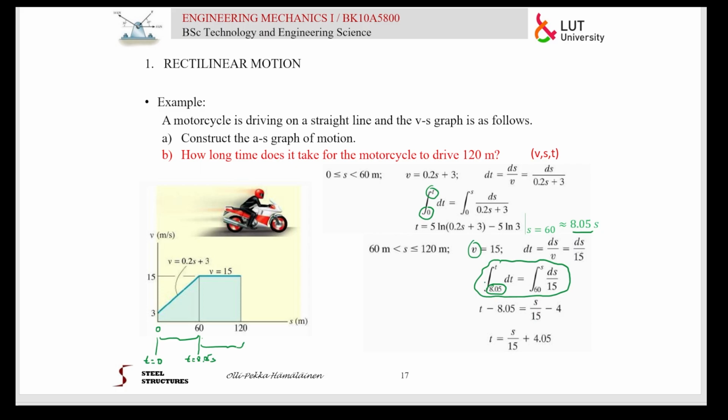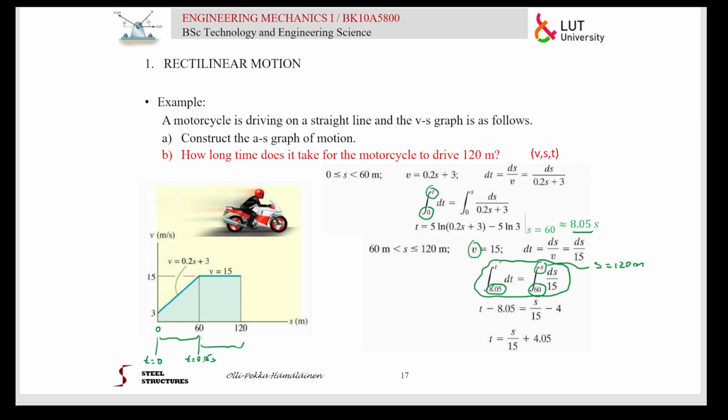And that goes to a time t, that's the one that we need to find out. Then the displacement goes from 60 because it doesn't start at 0, and it goes to a certain value here. Most probably the value of interest is going to be 120 meters, but we're going to keep it as a variable just to have a general representation of that equation. But definitely it's going to be 120 meters.